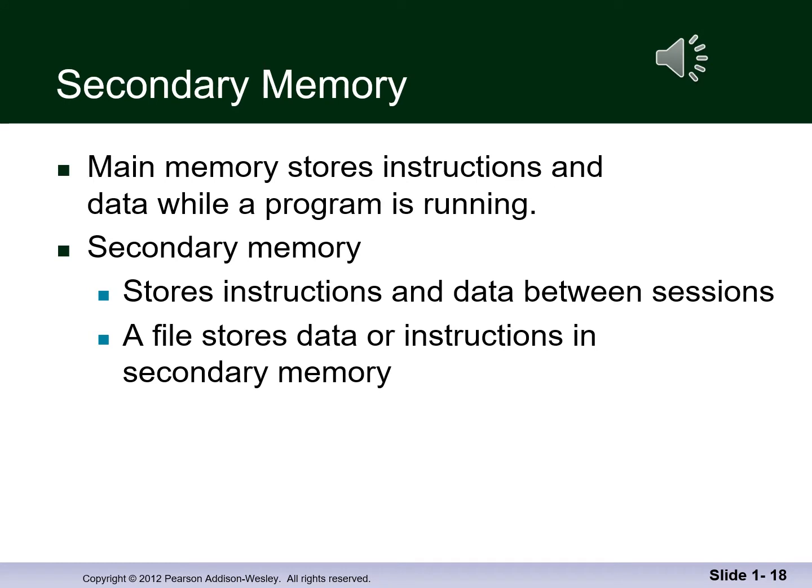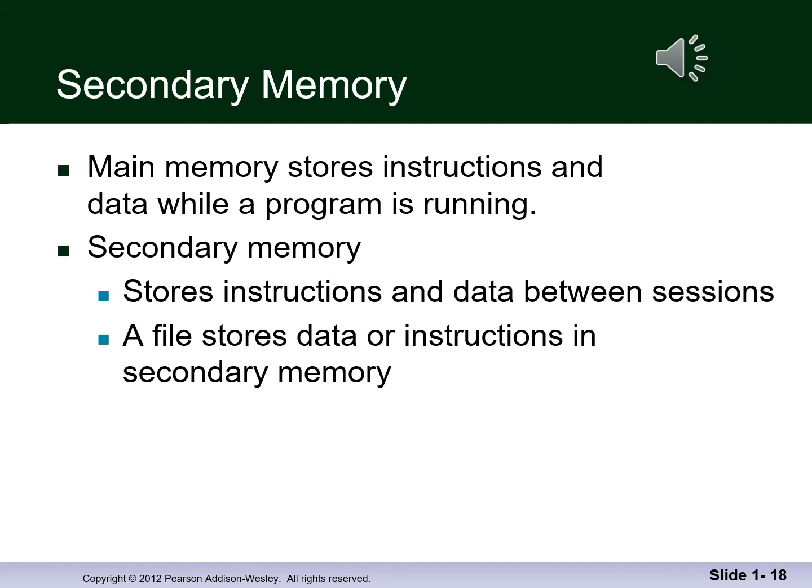This slide tries to differentiate between main memory and secondary memory. Secondary memory can be thought of as storage. Main memory stores instructions and data while the program is running. Secondary memory stores instructions and data between sessions.